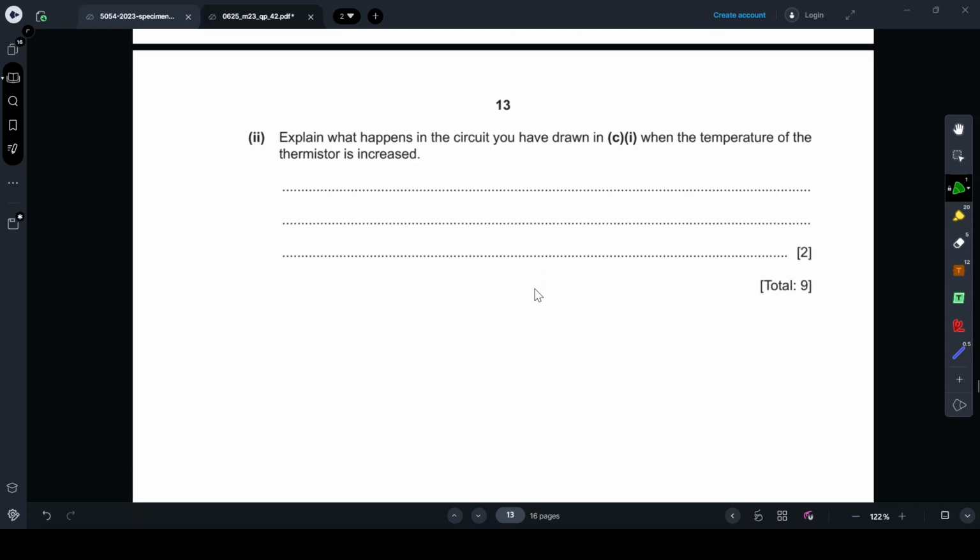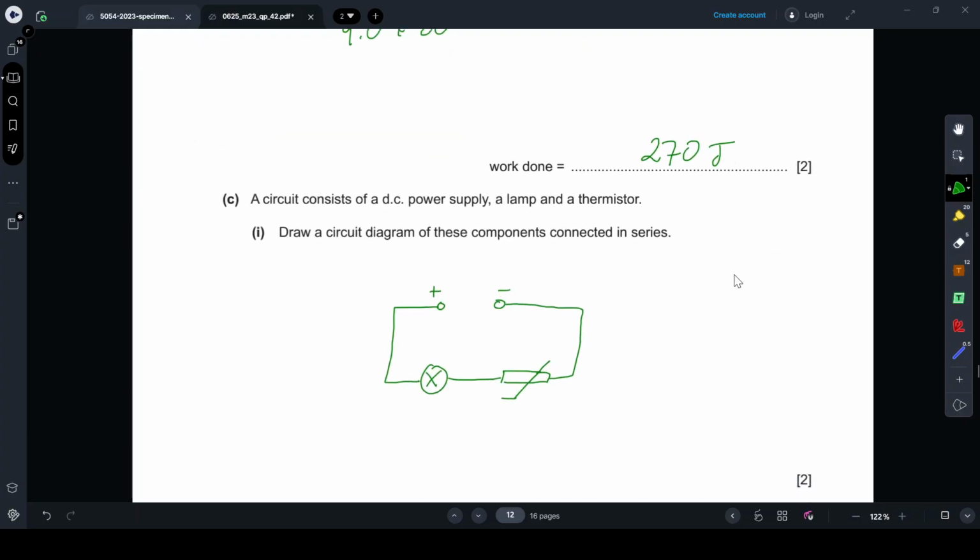Okay, explain what happens in the circuit you have drawn when the temperature of the thermistor is increased. So a thermistor is a temperature dependent resistor, and when the temperature increases, the resistance actually decreases. And so we kind of made a mistake over here.